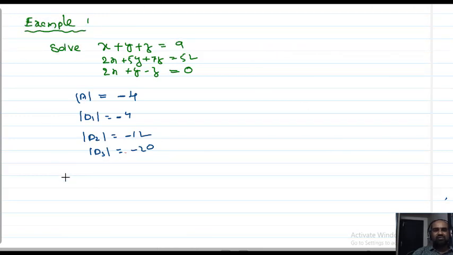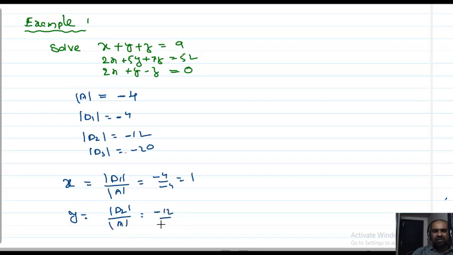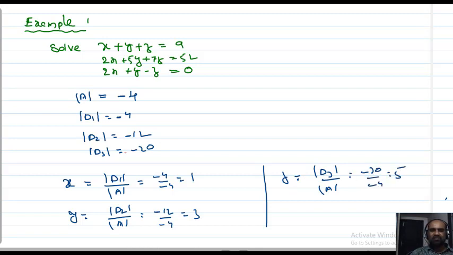According to Cramer's rule, x is equal to det D1 by det A, minus 4 by minus 4, that is equal to 1. Y equal to det D2 by det A, minus 12 by minus 4, that is equal to 3. Z equal to det D3 by det A, that is equal to minus 20 by minus 4, that is equal to 5.